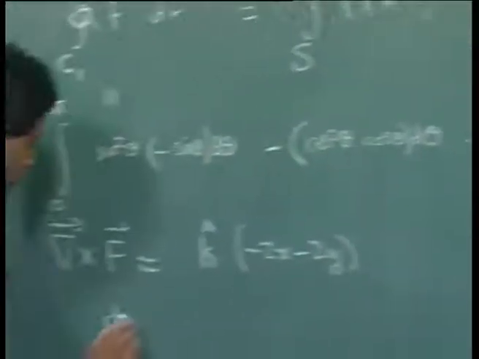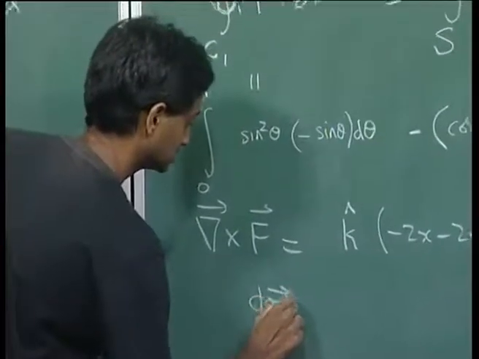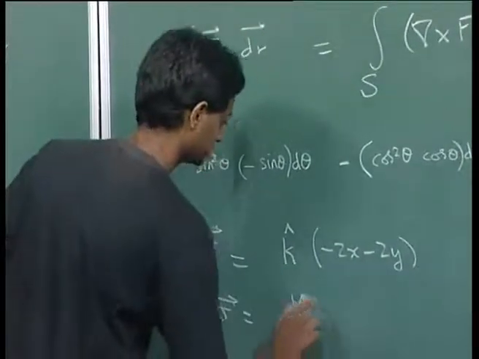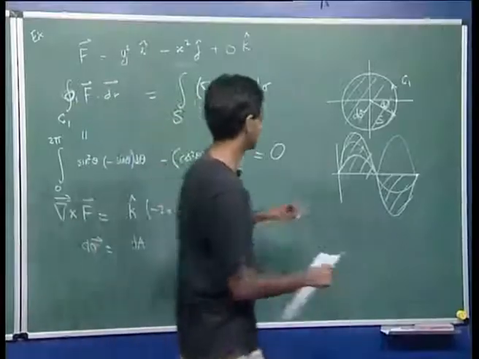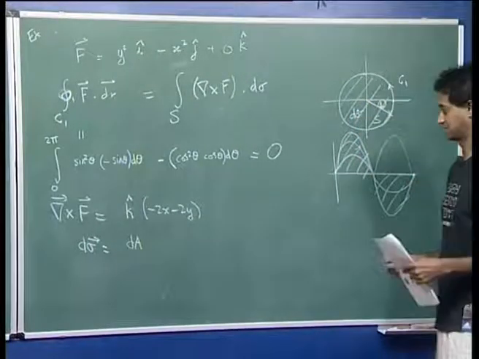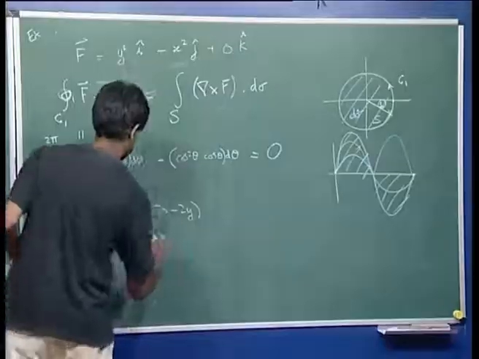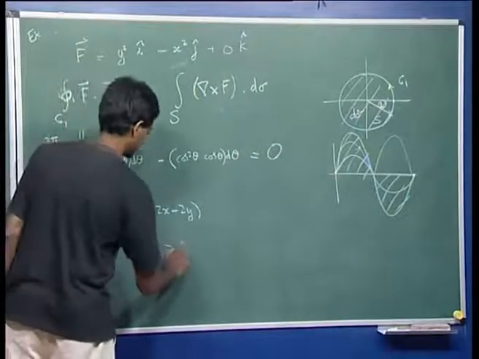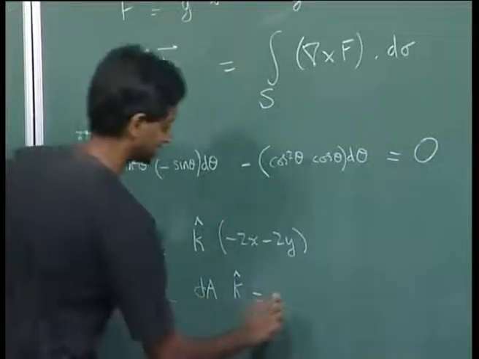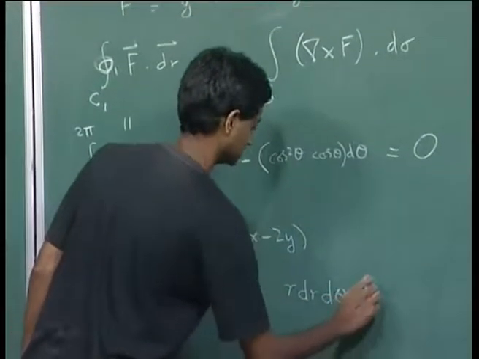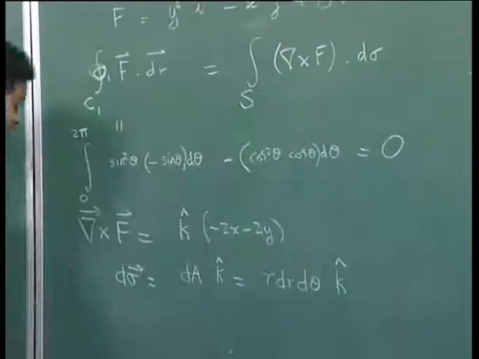Now d sigma is equal to dA. So it is the area times the normal vector. Now the normal vector to the surface is along k. So it's dA times k hat. And your dA in plane polar coordinates can be written as r dr d theta times k.